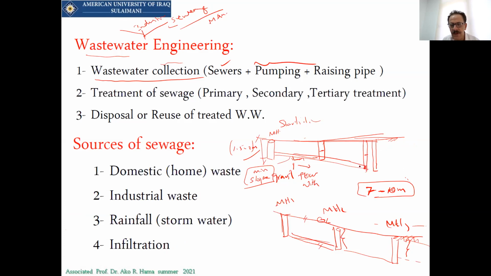We will put a pump here, and this pump is just to lift the waste to the other manhole, and this other manhole's depth will be just like what we have. The other manhole will have a small excavation. So what will we do? This is called a lift station or drop manhole.